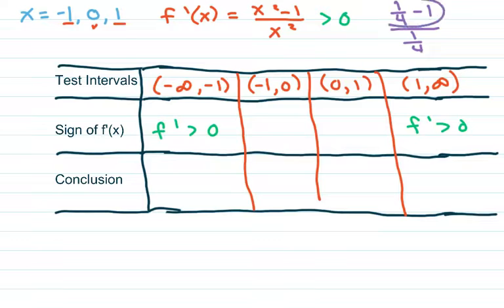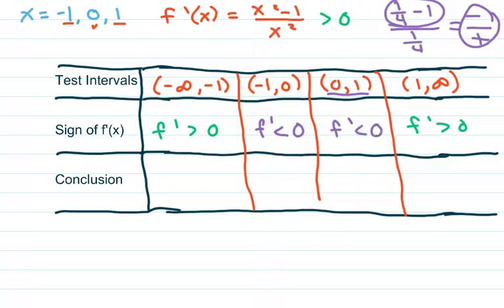Well, this is going to end up being negative, and the denominator is positive. So a negative over a positive is going to be negative. So the sign is negative. And the same thing's going to happen here because we have the square for this interval. So this one's also going to be negative.